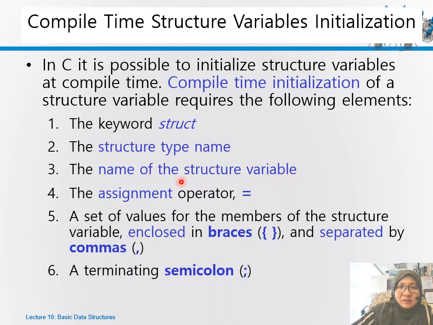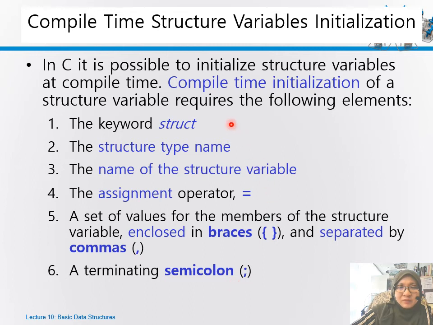If you have struct, then it's compulsory to have the type name, but not compulsory to have the structure variable. Then you have the assignment operator equal to, then a set of values for the members of the structure variable enclosed in braces and separated by commas. And lastly, don't forget to terminate it with a semicolon.